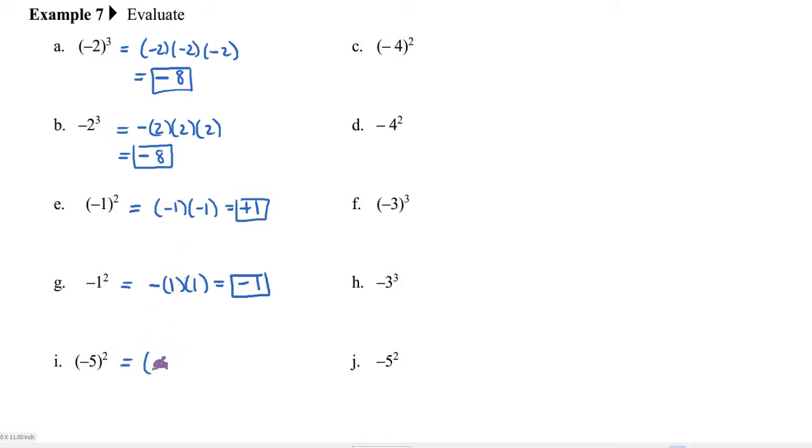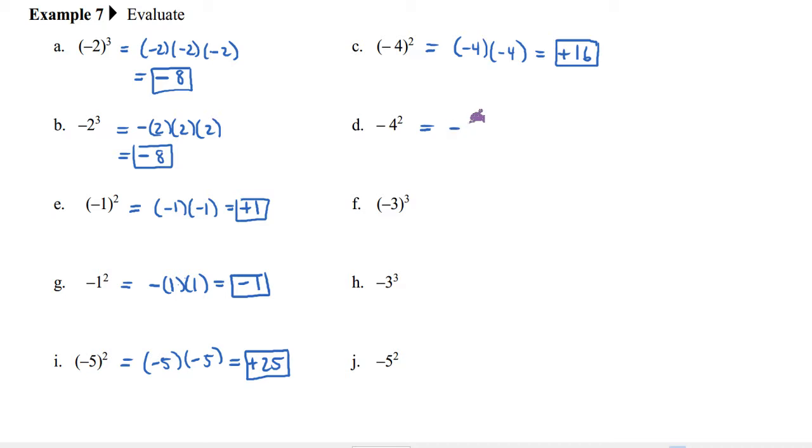Just be careful. So this will be negative 5 times negative 5. Here we are in parentheses, so I'm going to write that out. Negative times negative will be positive 25. Okay, this one, negative 4 times negative 4 is positive 16, or just 16.